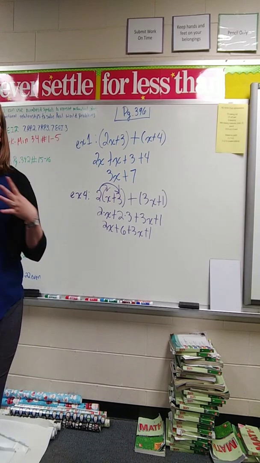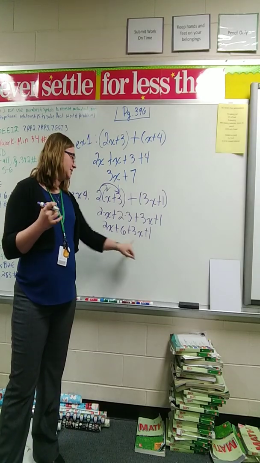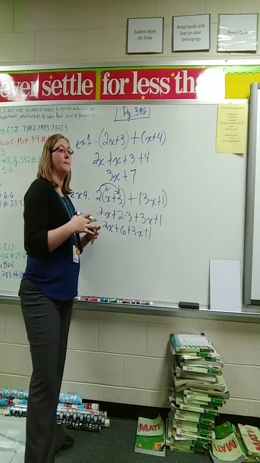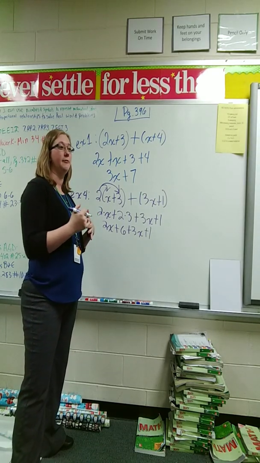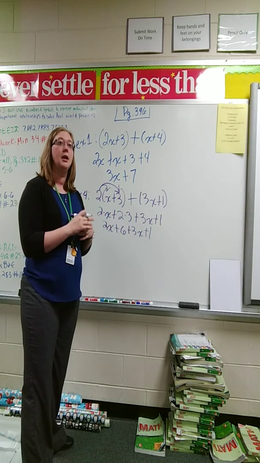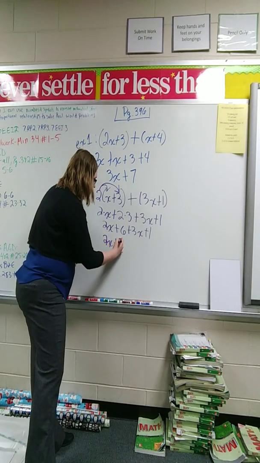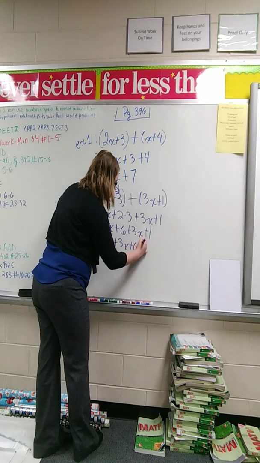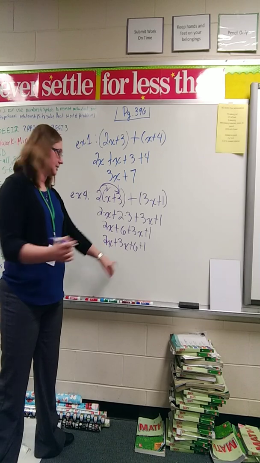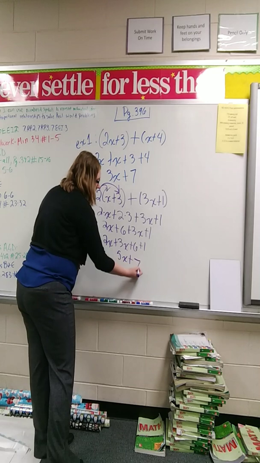Now I have 4 terms. I have 2 x values and I have 2 numbers. I'm going to rewrite my problem using the commutative property so that my x terms are next to each other because they're alike, and then my number terms are together. 2x plus 3x plus 6 plus 1. 2x plus 3x is 5x, plus 6 plus 1 is 7.